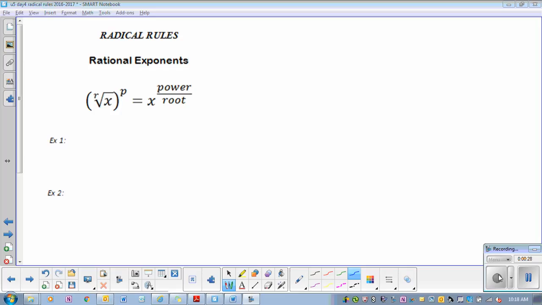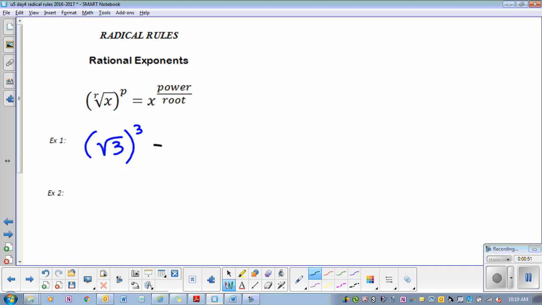So let's write down a couple of examples. Example 1. What if I gave you something like this? What if I said, rewrite this, please, as a rational exponent?